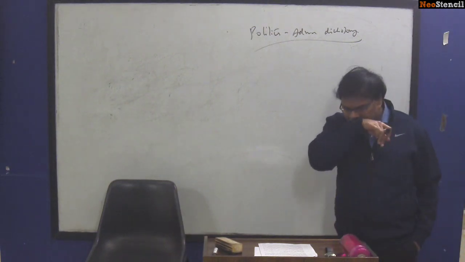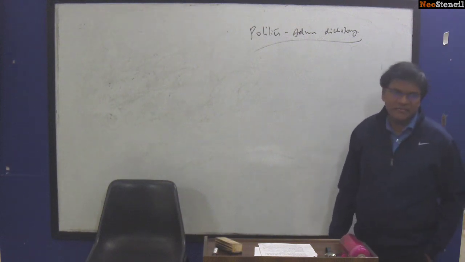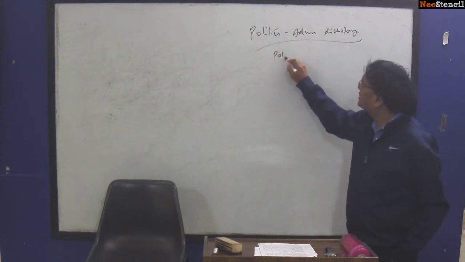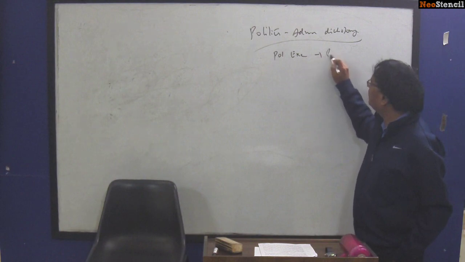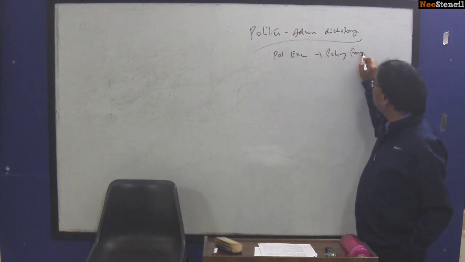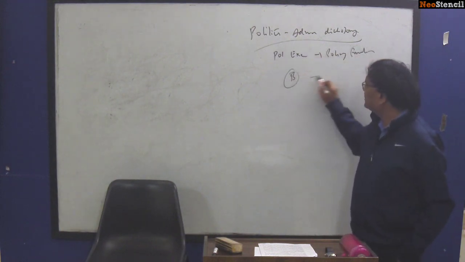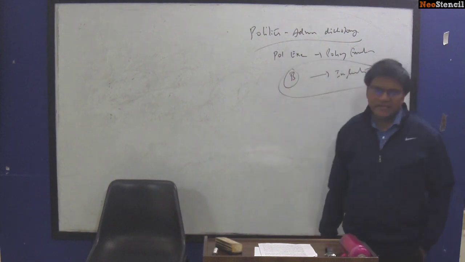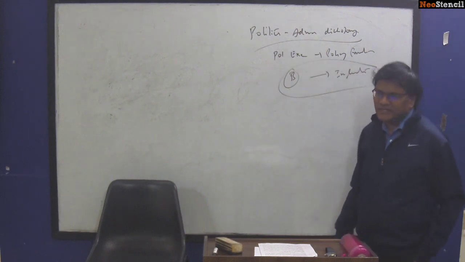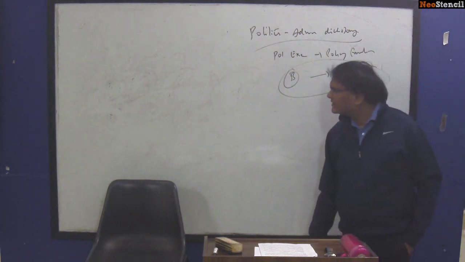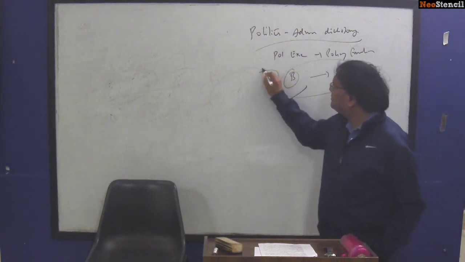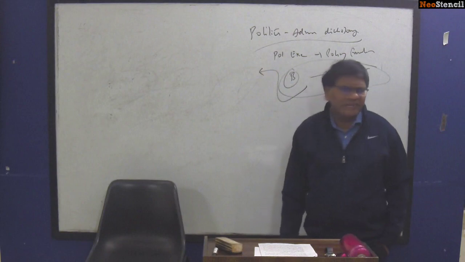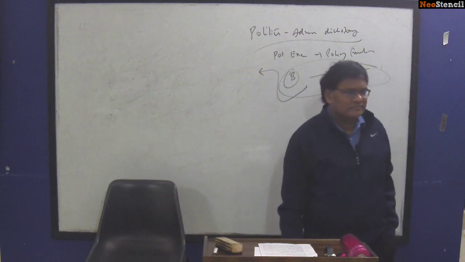So what do we say here as part of politics administration dichotomy? Political executive is responsible for policy formulation and bureaucracy for implementation. Right? Bureaucracy for implementation.